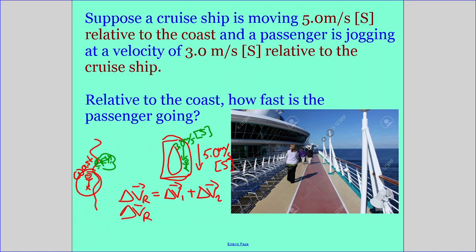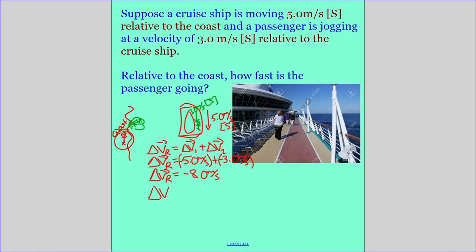So our resultant velocity is 5 meters per second traveling south, and normally we consider south to be negative, so negative 5 plus an extra negative 3 meters per second for our passenger, because they're heading in the same direction. So our resultant velocity is negative 8 meters per second, or what we can say is they're traveling at 8 meters per second heading south.